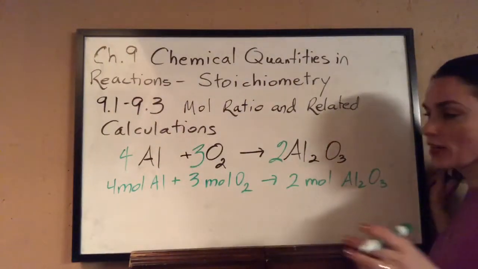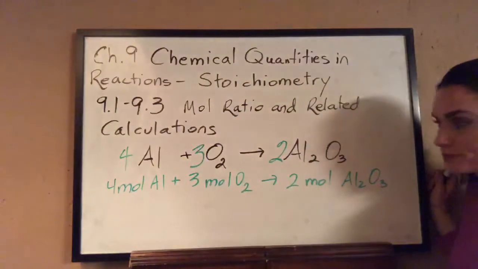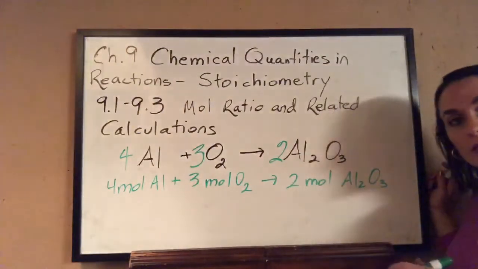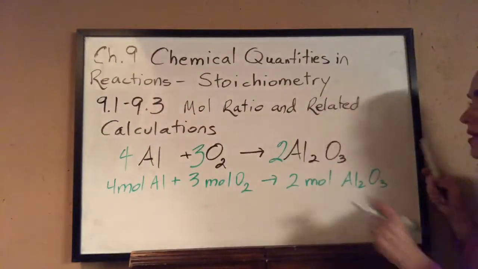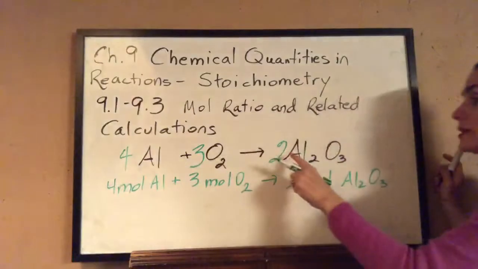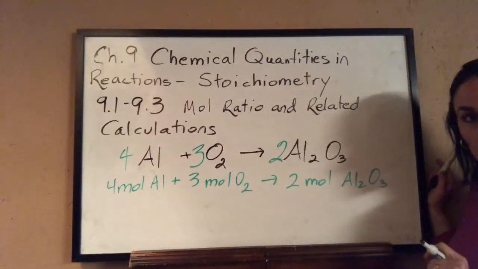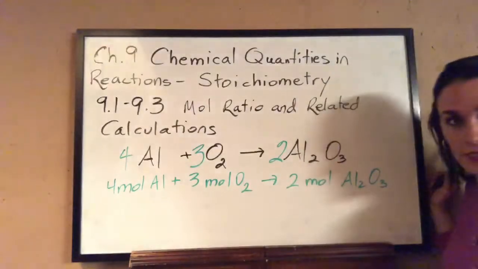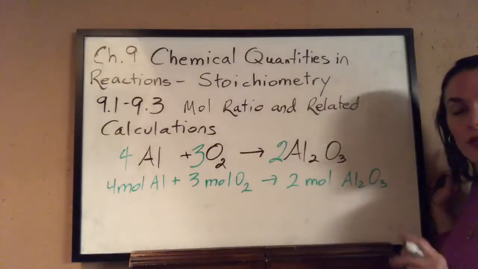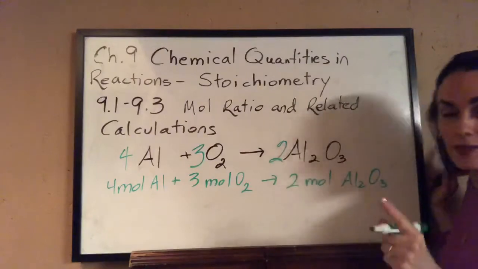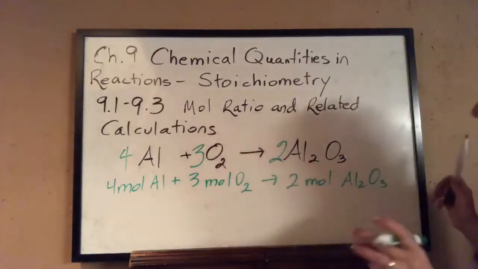So if I say to you, if I have 4 moles of aluminum, how many moles of aluminum oxide will I produce? If I have 4 moles, I'm going to have 2 moles of this product as a result. Just like if I tell you I have 3 eggs, how many cakes can I make with 3 eggs? 1 cake, okay, if that's what my recipe is.